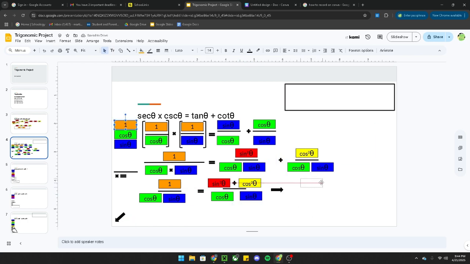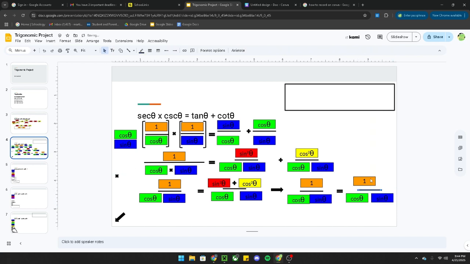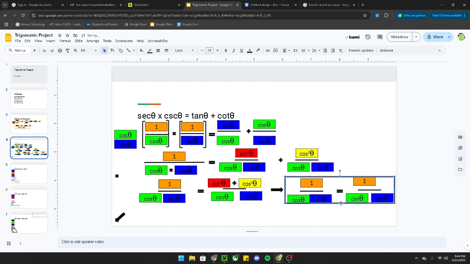So it would be 1 over cosine times sine equals 1 over cosine times sine. And this would be my answer right here.